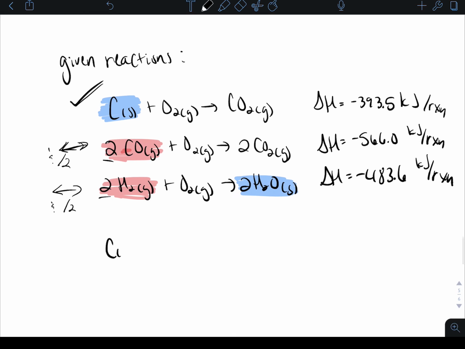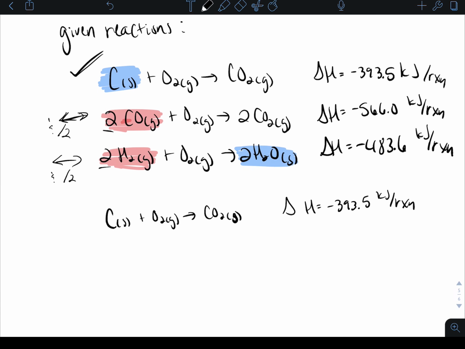So I'm going to have C solid plus O2 gas goes to CO2 gas, giving me a delta H of negative 393.5 kilojoules per reaction. Then flip and divide by 2.